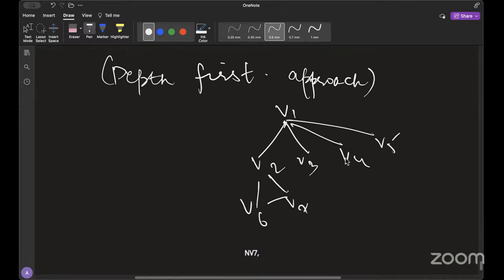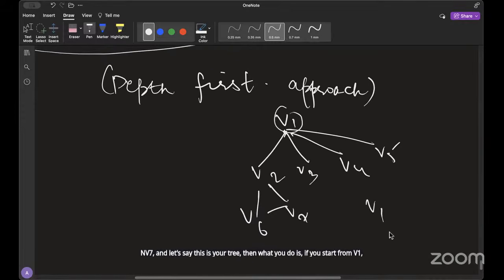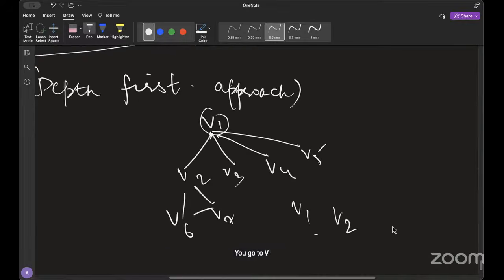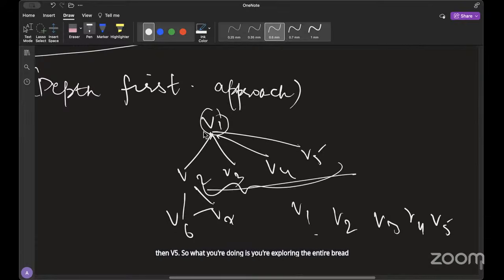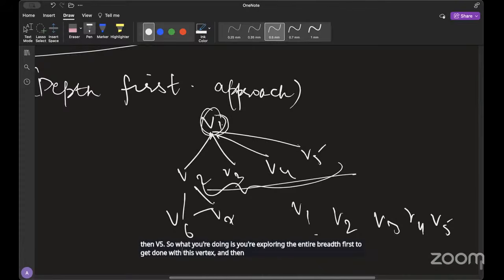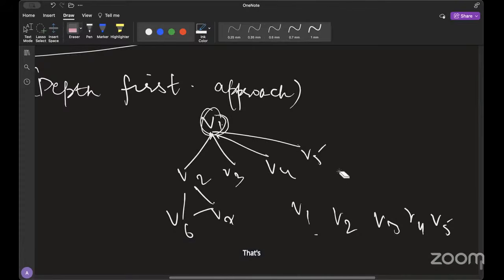If this is your tree and you start from V1, you go to V2, then V3, then V4, then V5. So in breadth first search, you explore the entire breadth first. You get done with this level and then you go in the depth. That's the rule, right?